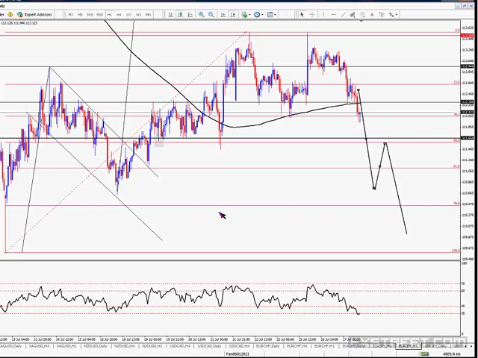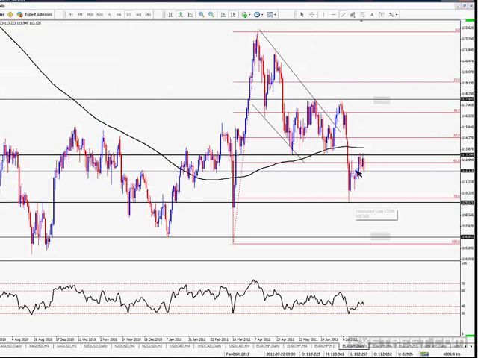Looking at the daily chart, that means we have this bearish continuation. Let's look at a bearish projection as such.